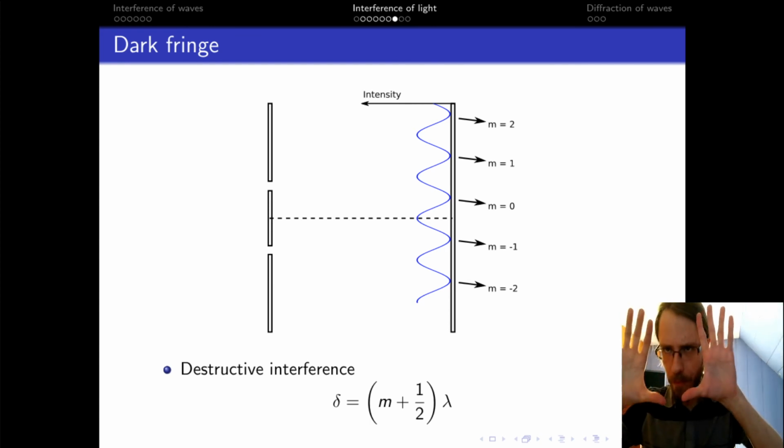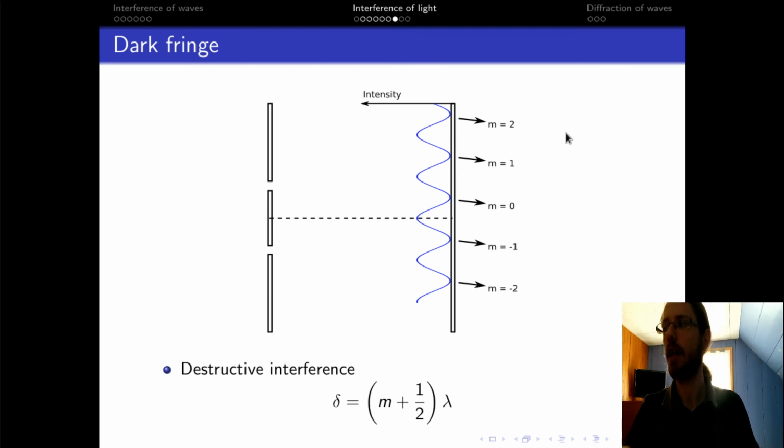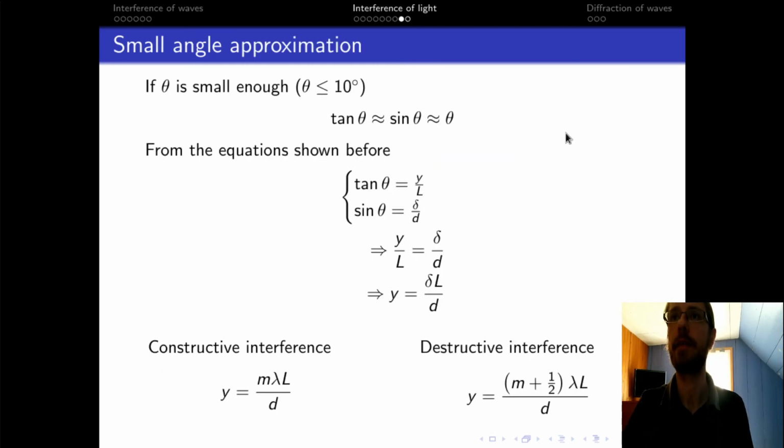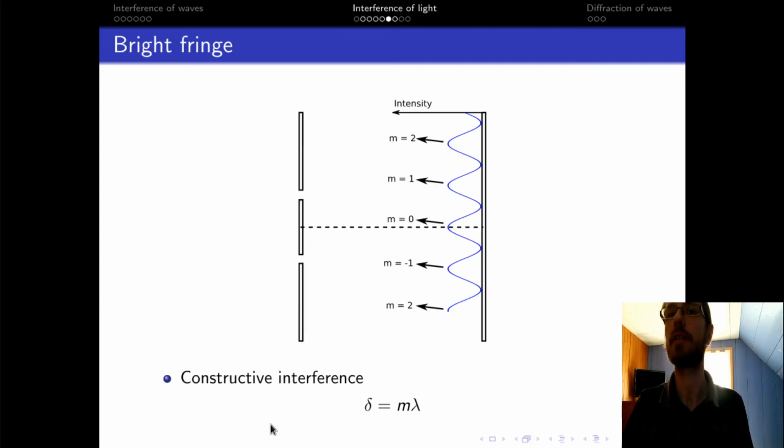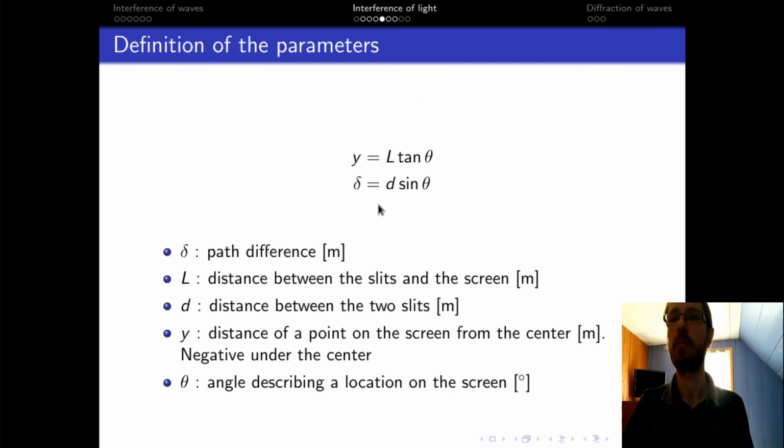So from these two conditions, we can combine them with the equations we had before. Each of these two expressions, this one for destructive, this one for constructive, you can put them in your equations. This delta is the very same as the one in the two expressions.